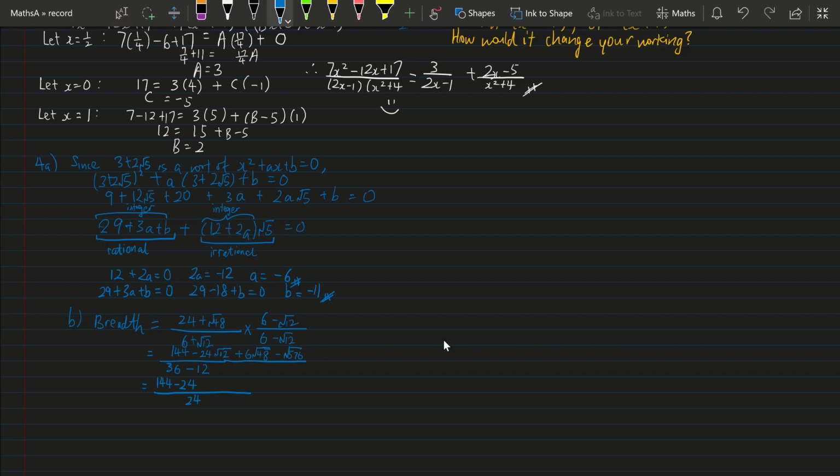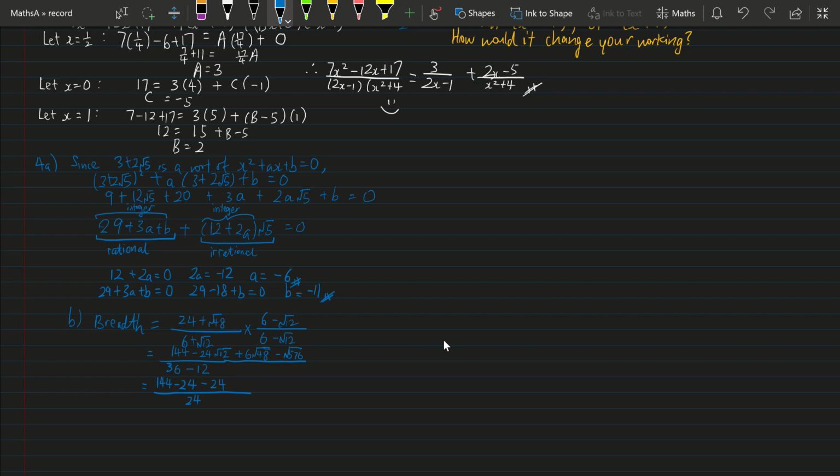So this minus 24 square root 12 plus 6 square root 48. They don't look like they have anything common, but actually they do. So let me just write down minus 24 first. This square root 12 is actually square root of 3 times 4.